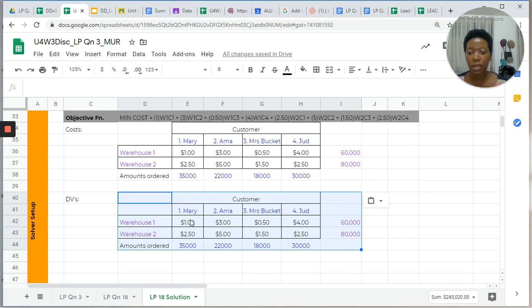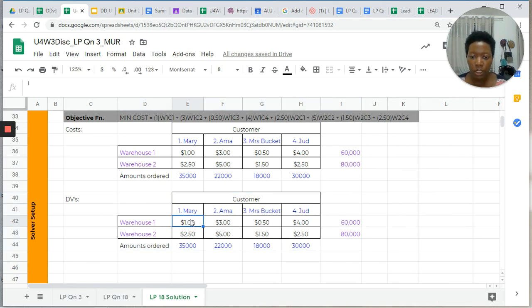Now, if you think about what makes up your objective function, you need your decision variables in here so that you multiply your decision variable cost to the function.